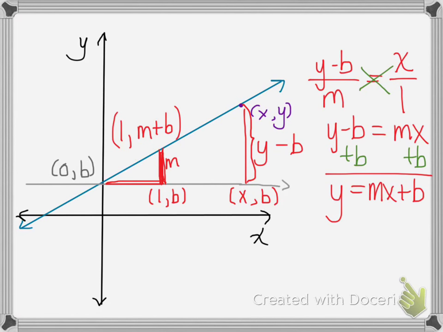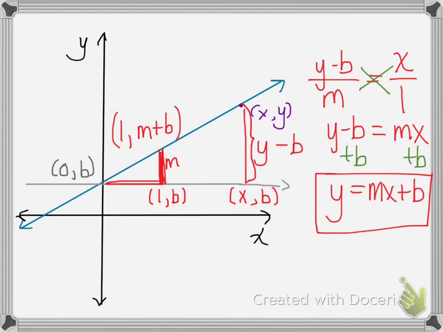So this would be the general form for a line that is going through the y-axis and coming up like that with just a general point xy. Here would be y equals mx plus b, where m is the slope. Okay, m was our slope. So what is b, though? Where could we find b on the graph? Think about that for a minute.